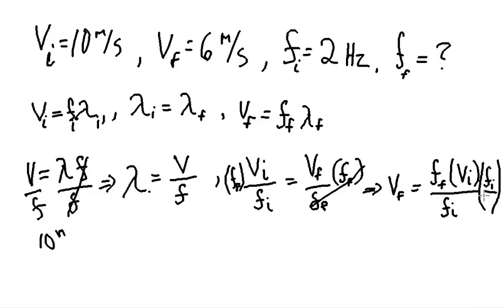On bottom, what's going on up top I'm trying to get rid of. That way these 2 cancel out. I have to do it on the other side as well. But let me write that down here. The final frequency is going to be equal to, remember you multiplied by this fraction, the initial frequency divided by the initial velocity.